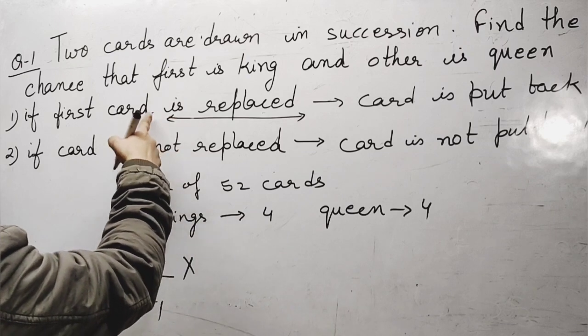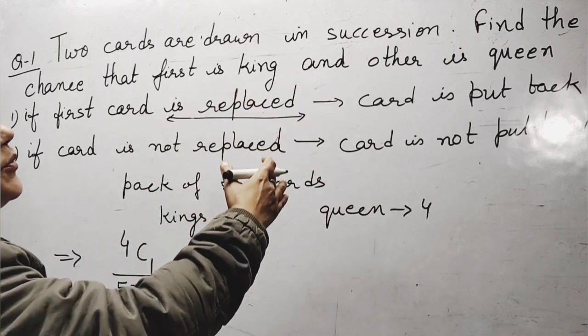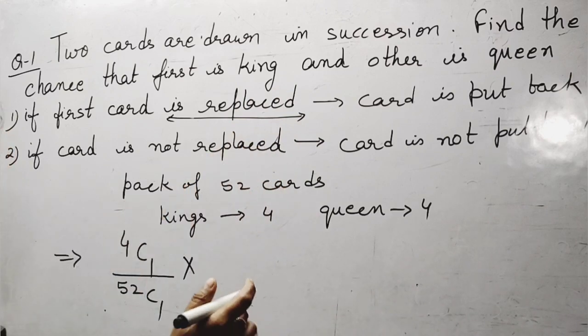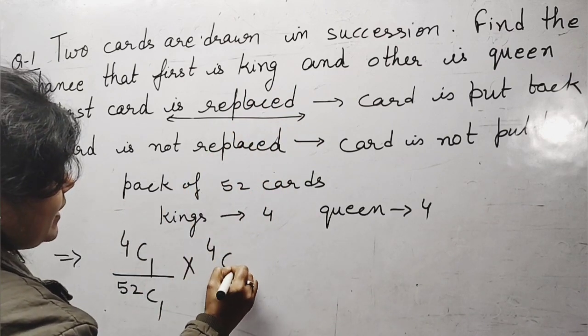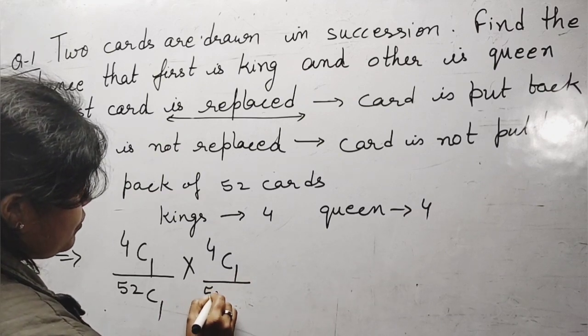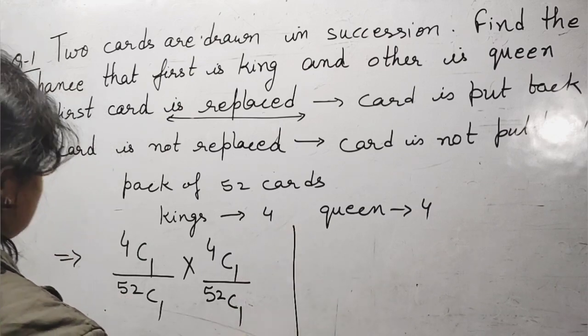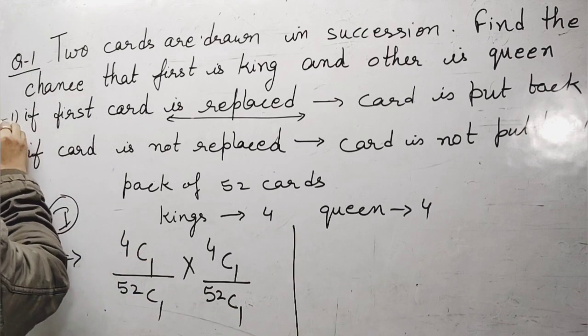For the first case, the card is replaced, that means the card drawn from the pack is put back into the pack. So again 4 queens are there and we have to take out only 1 card, and similarly 52 cards are there and we have to take out only 1. So this is for the first case.